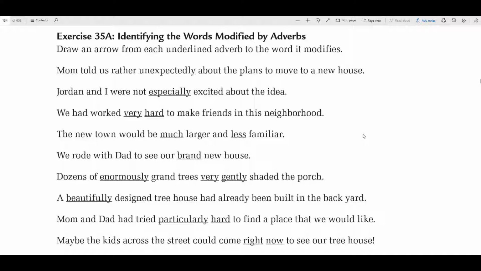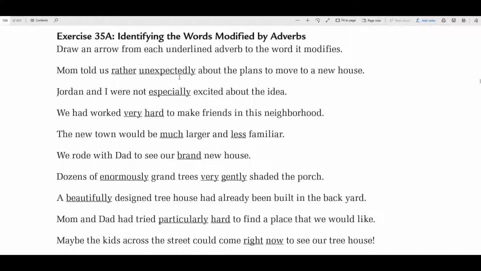We're going to identify the words modified by adverbs. Now, all the words that are underlined are adverbs. You have to draw an arrow from each underlined adverb to the word it modifies. I'll do the first one with you. So Mom told us rather unexpectedly about the plans to move to a new house. Okay, rather unexpectedly.